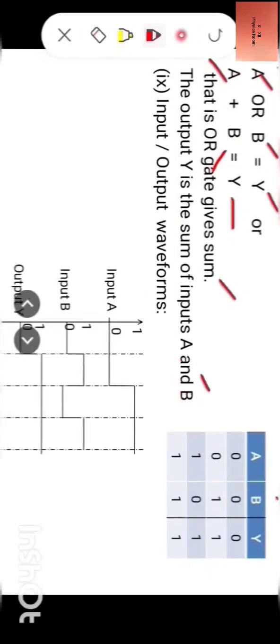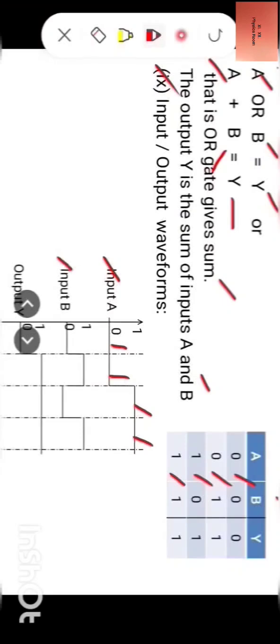Okay. 9th, input and output waveforms. How do we draw input and output waveforms? Here is input A, and in the table we have 0 0 1 1. So here in the waveform we develop 0 0 1 1.